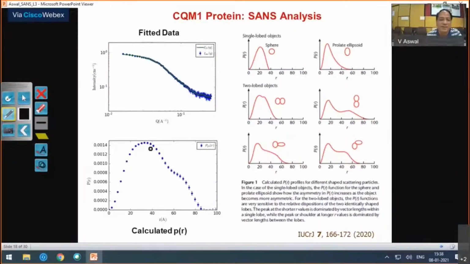So you can see there is an additional hump in the P of R at higher R. And what does this mean actually? If you have one spherical monomer, then it is symmetric. If you have this elongated structure, if you have dimers in the system, this cannot be explained by the monomer.